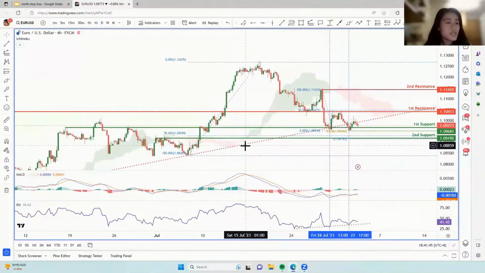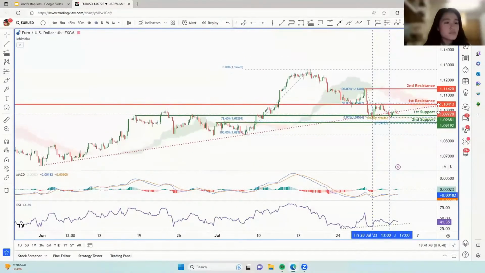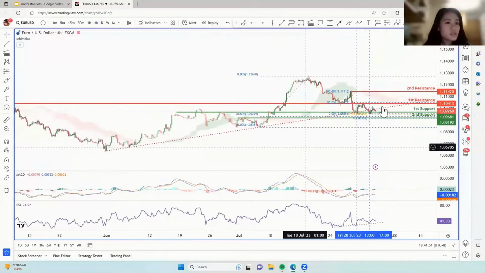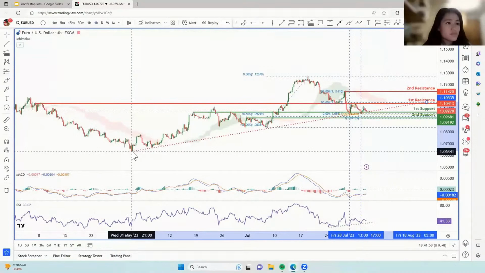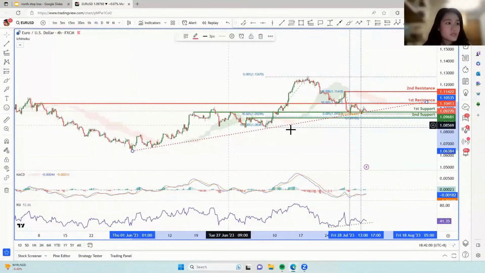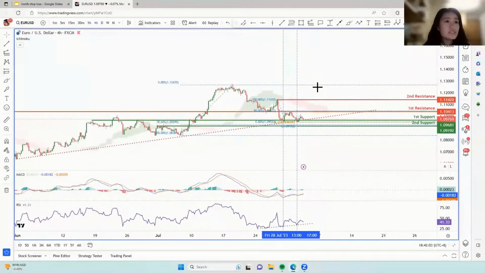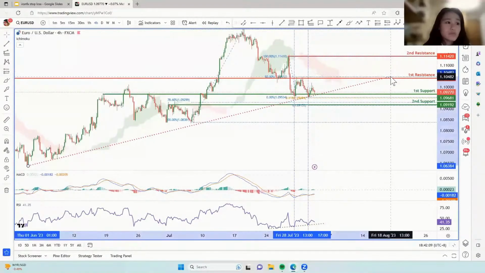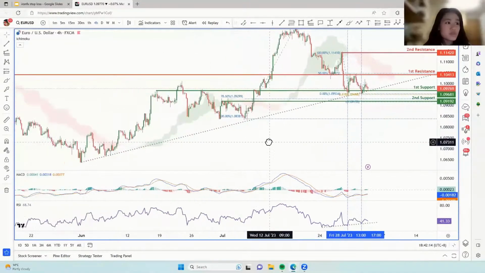Okay, so I'm gonna go ahead and remove this trend line here because earlier I mentioned that it could be breaking out of the descending trend line, right? But it also could be an ascending trend line.